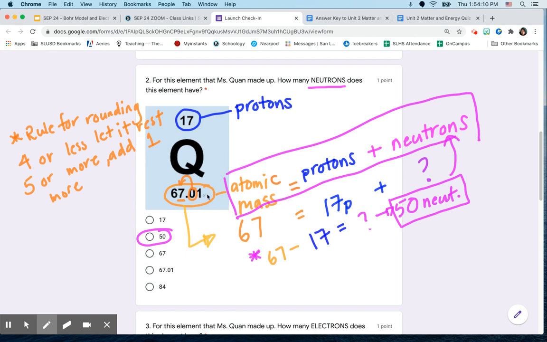If you struggled with the rounding parts, I would also write down the rule for rounding as well. So at this point, go ahead and pause this video and write down what you need. And then unpause and we'll go over question number 3.